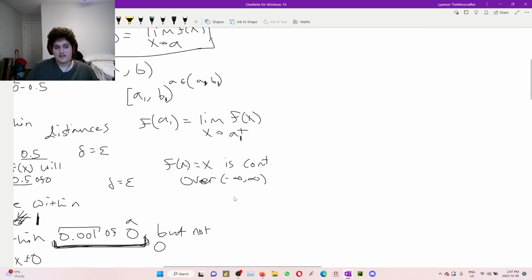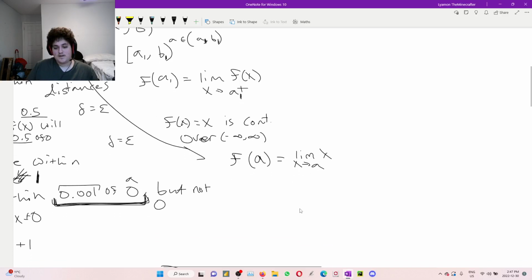I have to show that, just copying from here, f of a should be equal to the limit of f of x, which is just x in this case, as x approaches a.